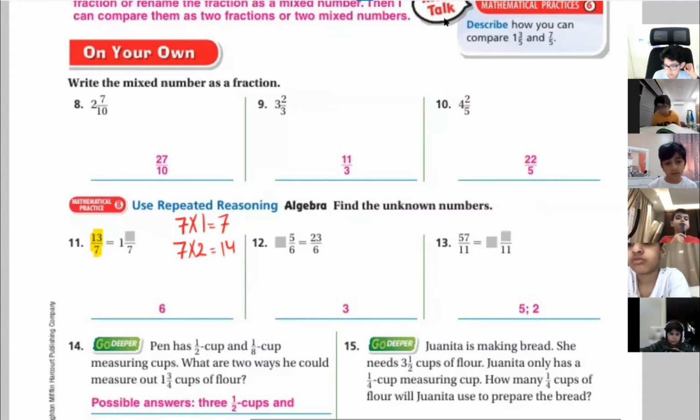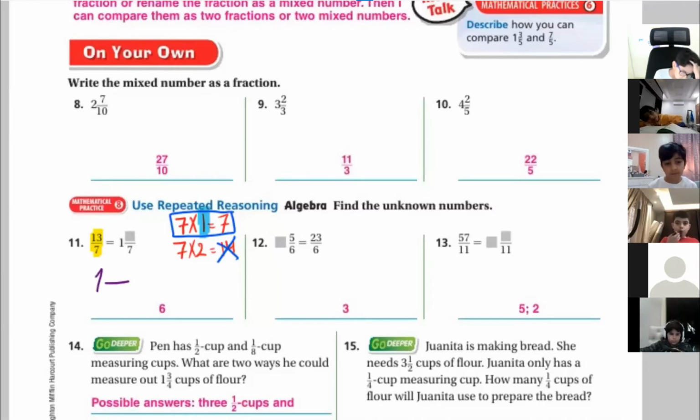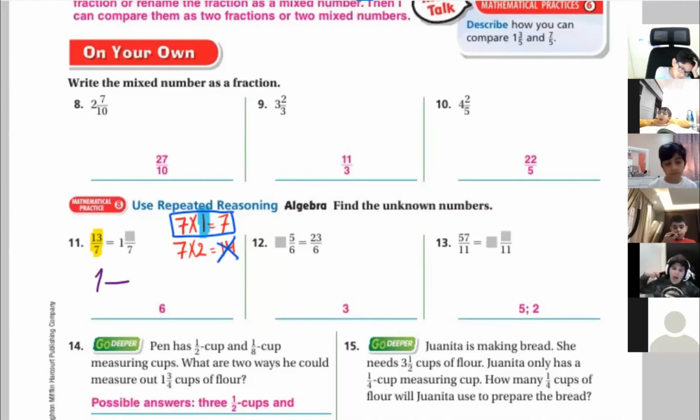No. So we're going to take the 7, right? And we're going to put the 1 as the whole number. And the denominator is 7, because we have to keep the same denominator.